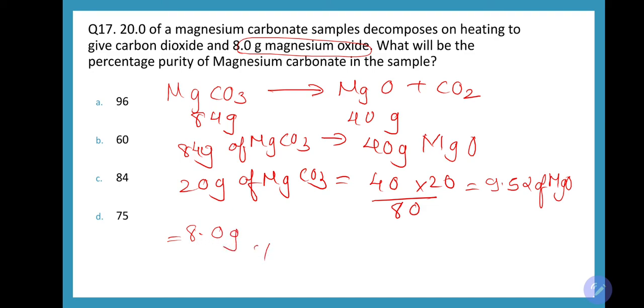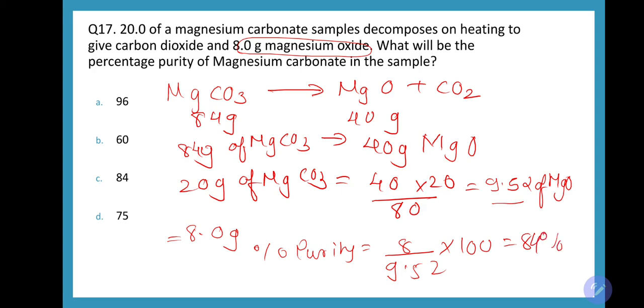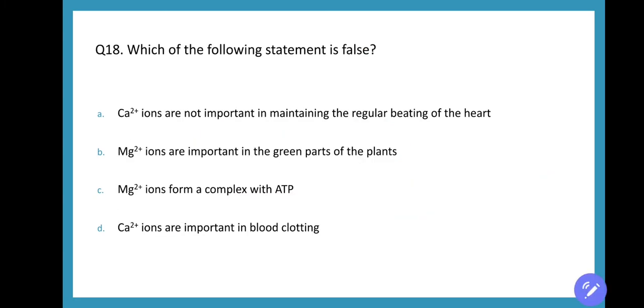So percentage purity is 8 upon 9.52 into 100, which is 84% pure. So the answer is 84. Now let's go to the next question.